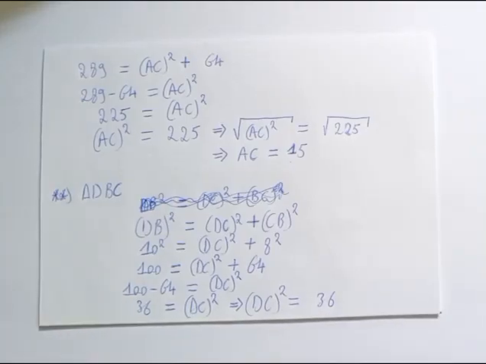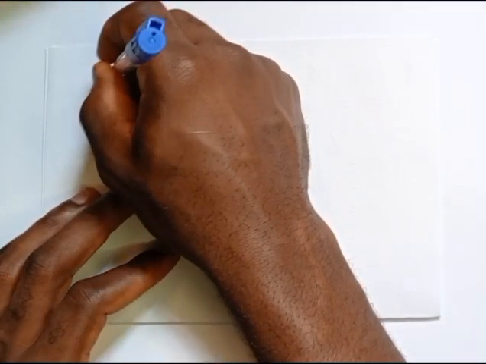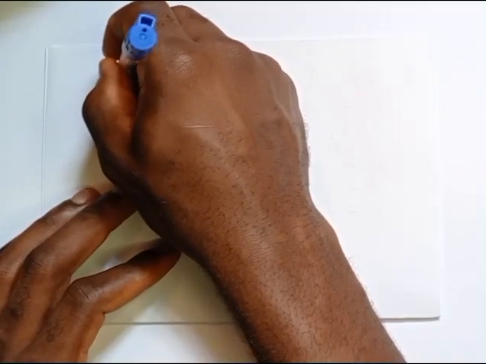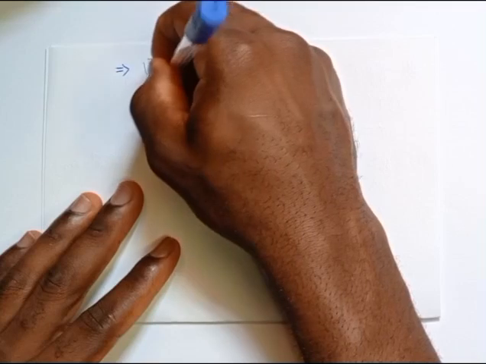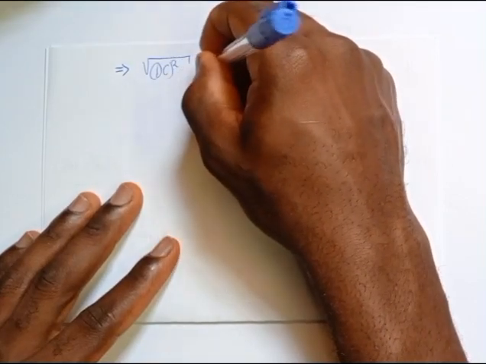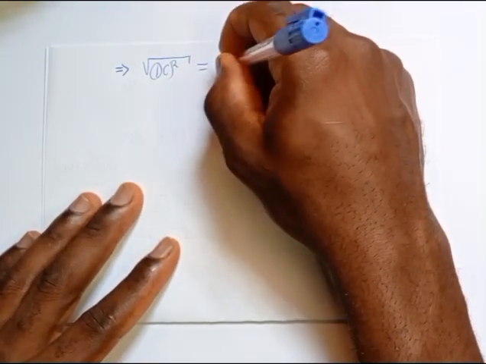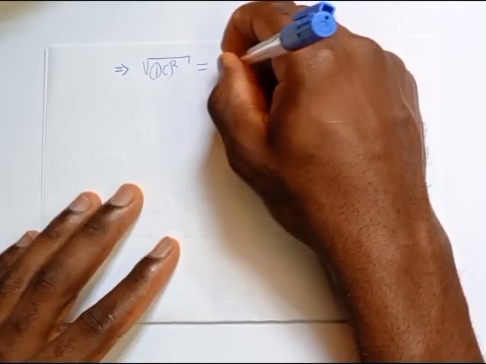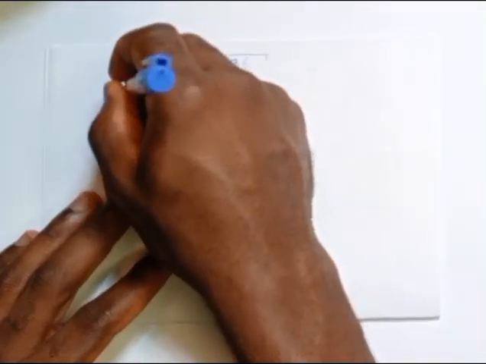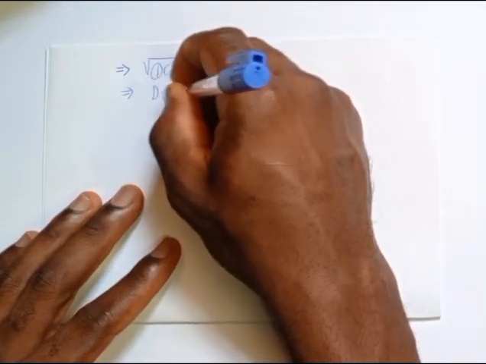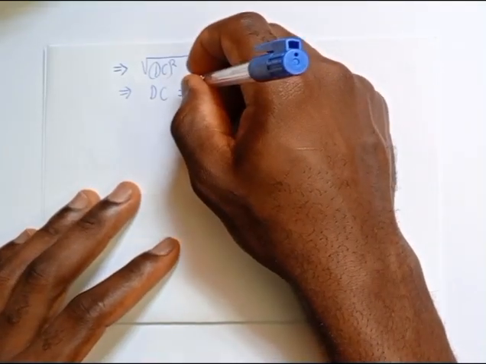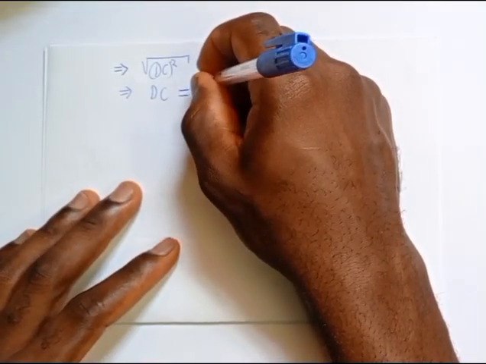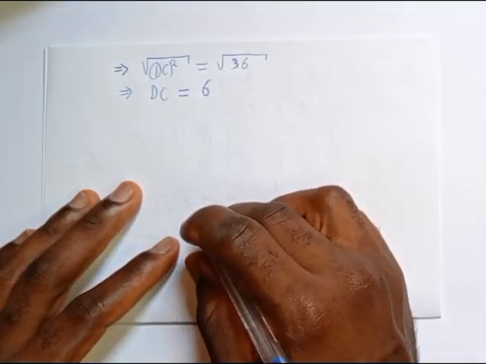Next, we are going to take a square root on both sides. Taking square roots at both sides will give us the square root of DC squared to be equal to the square root of 36. Then DC will simply be equal to the positive square root since distance cannot be negative, and the positive square root of 36 is 6.